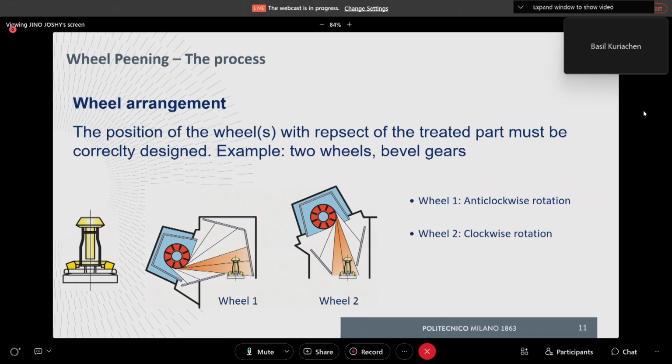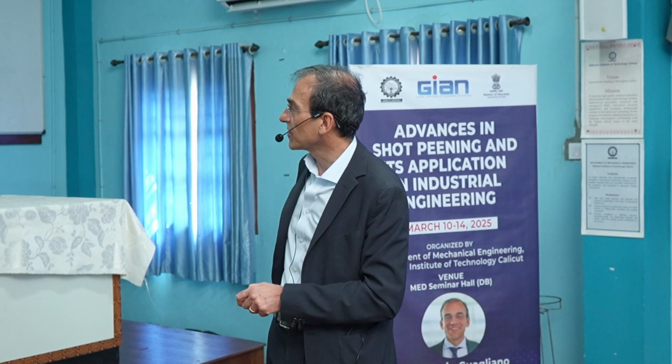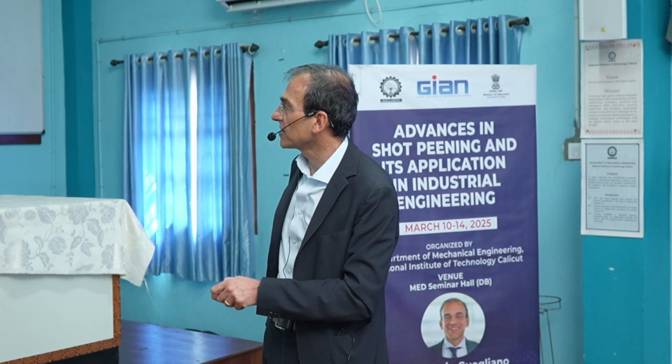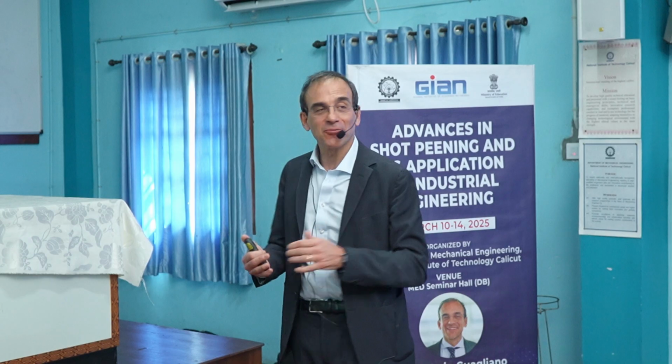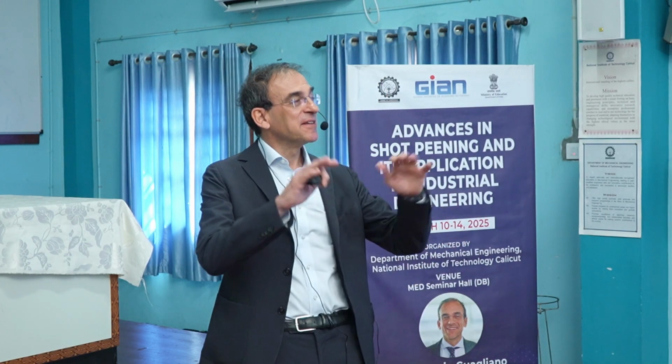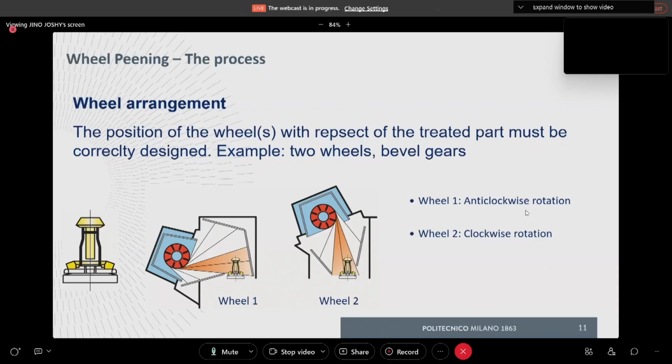And you can see here that according to these different arrangements, the direction of rotation of wheel 1 and wheel 2 changes from anti-clockwise to clockwise in this case. Just to give you an idea of what it means: we must carefully design the arrangement of the treatment, okay? To treat the part where we want to, in the detail that we want to treat.